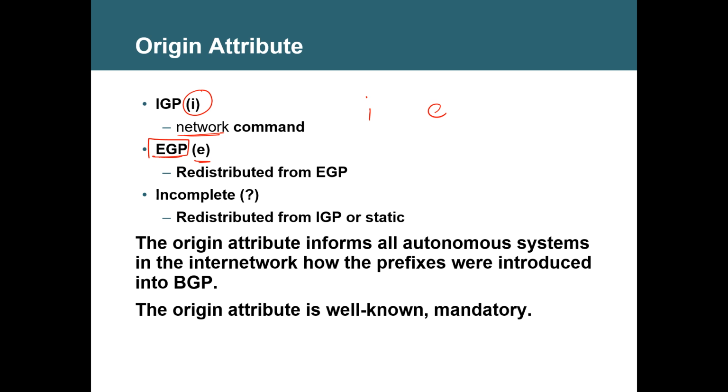I have seen very old routers, but not in production. When the network from EGP is learned and redistributed into BGP, then BGP will show E. That's the marking it will carry, so that anyone who sees the network will know this was originally advertised by the router that runs the protocol EGP.